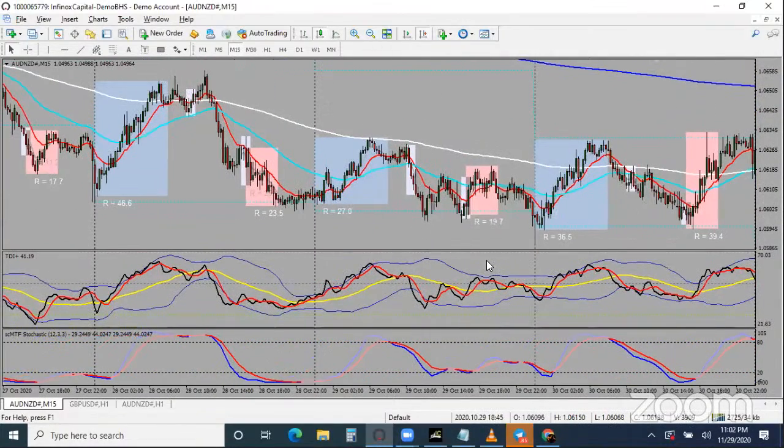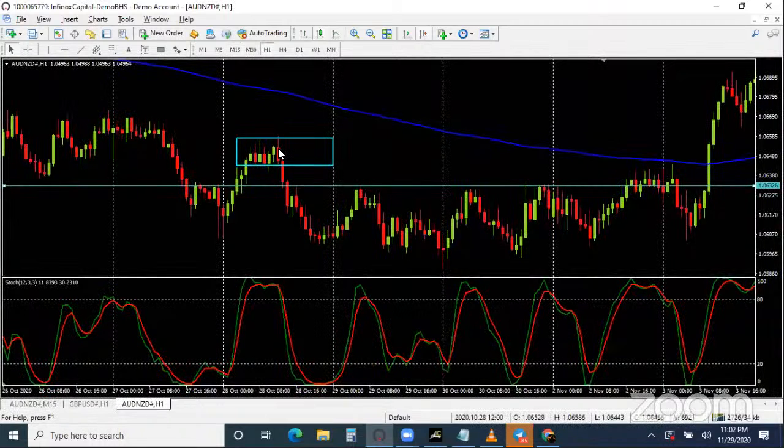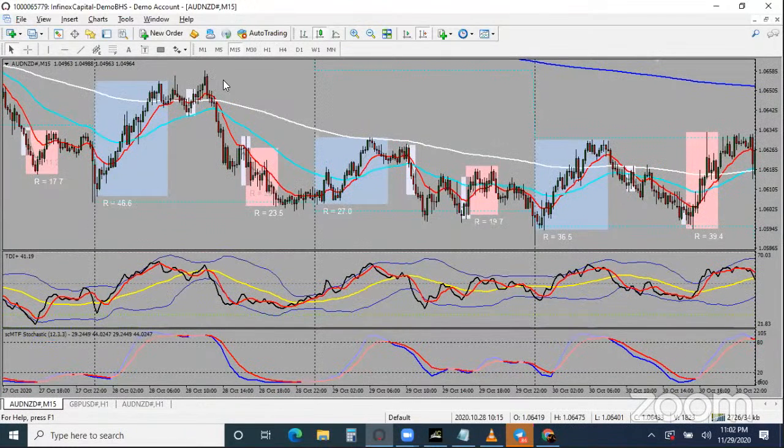So notice this. If you wait for the Asian high to be taken, that spike you see here is actually taking out the Asian highs, right? For the drop.